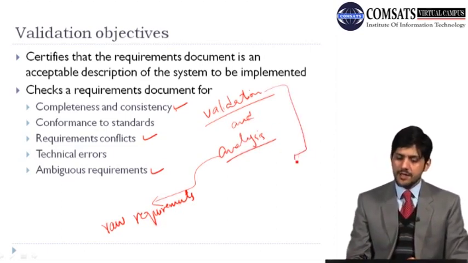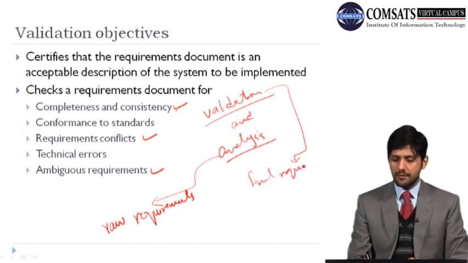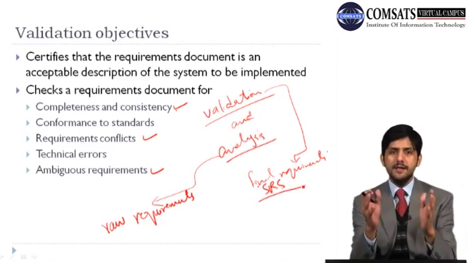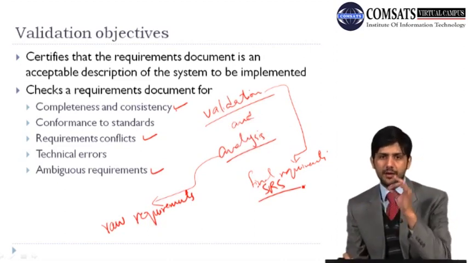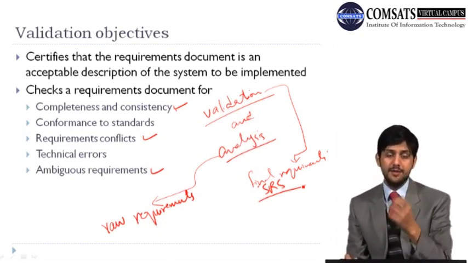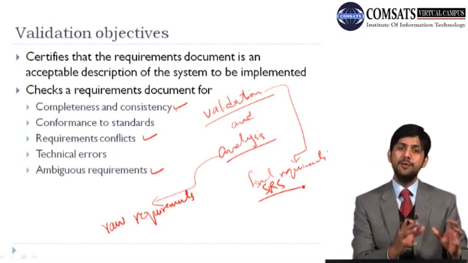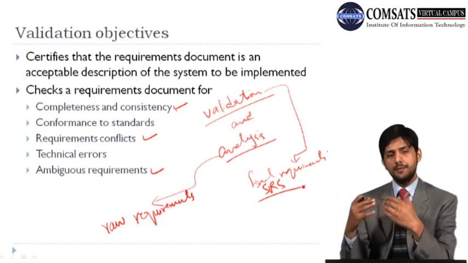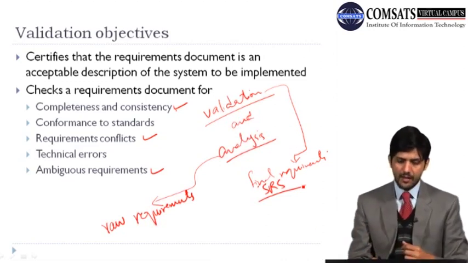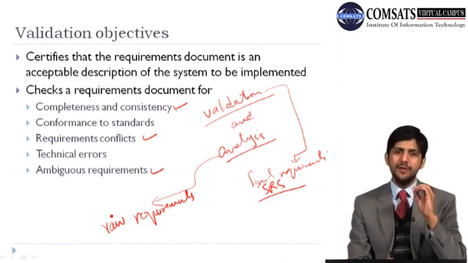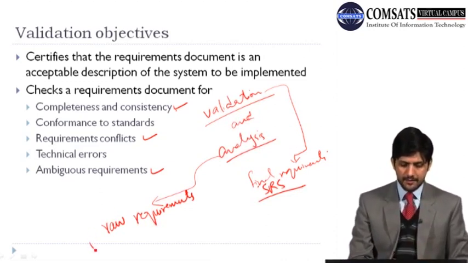Whereas validation is performed on the software requirement specification document, where you have explicitly listed the set of requirements or the set of features that our product should have. So one is performed on raw requirements, the other is performed on the final set of requirements.